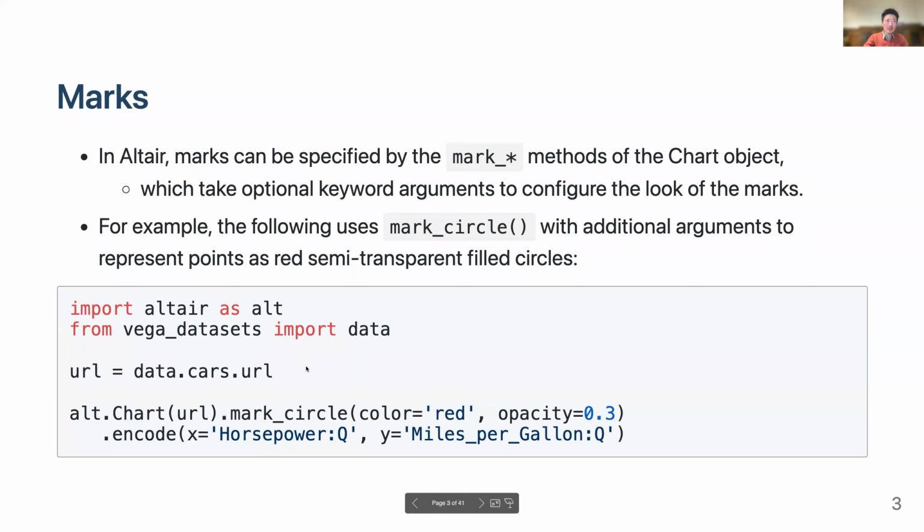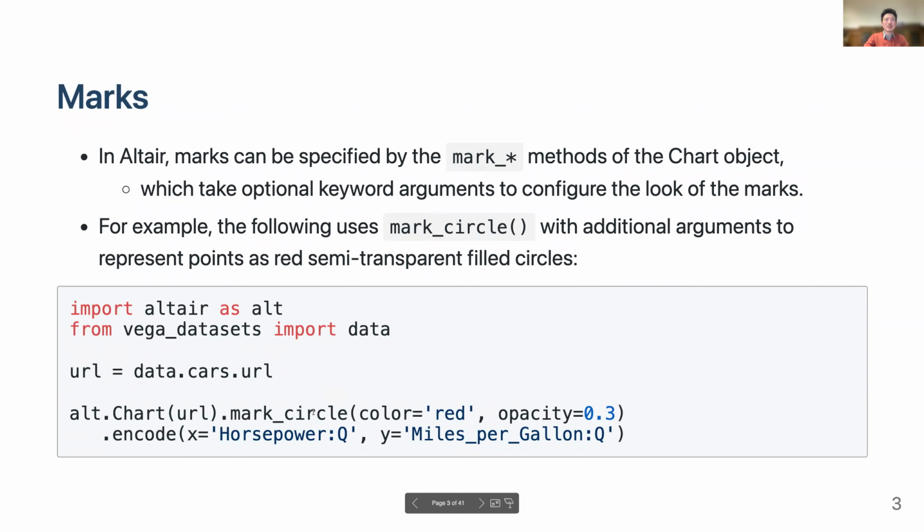And so here we are using a circle mark. So you have mark underscore circle. And if I want to use line, you will say mark underscore line, etc. The method itself can also take arguments or parameters to configure it.